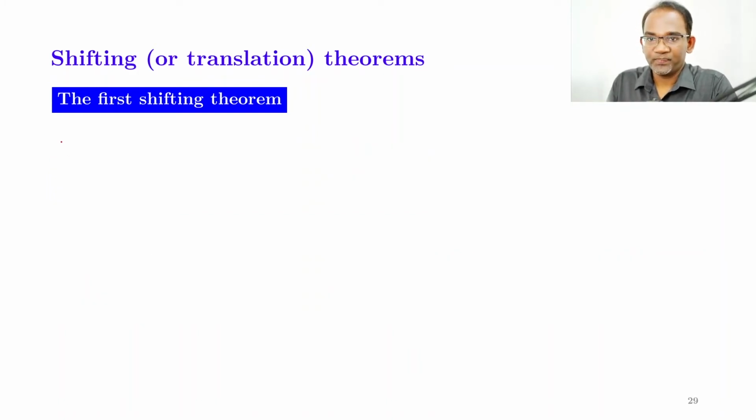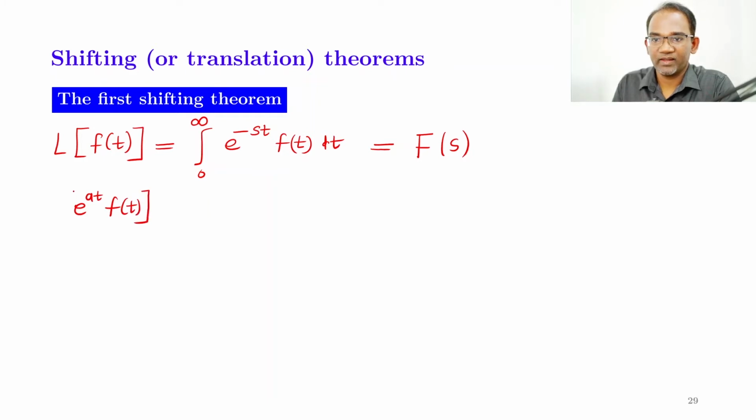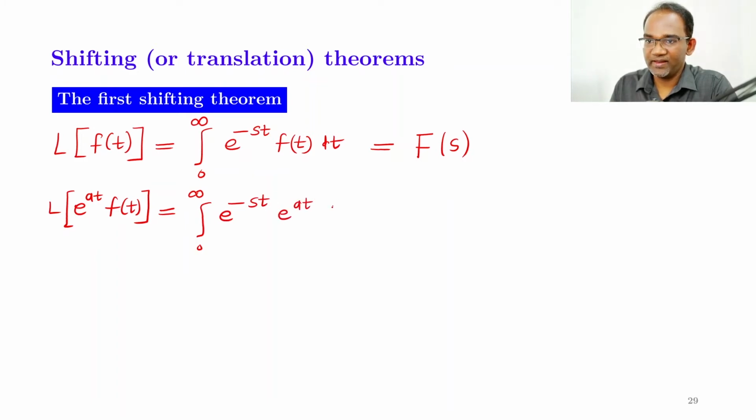Let's try to prove this one. So the Laplace transform of f(t) is defined to be integral 0 to infinity e raised to minus st then f(t) dt, and this is nothing but F(s). We'll now multiply f(t) with e raised to at and take the Laplace transform, and this is integral 0 to infinity e raised to minus st, e raised to at, then f(t) dt.